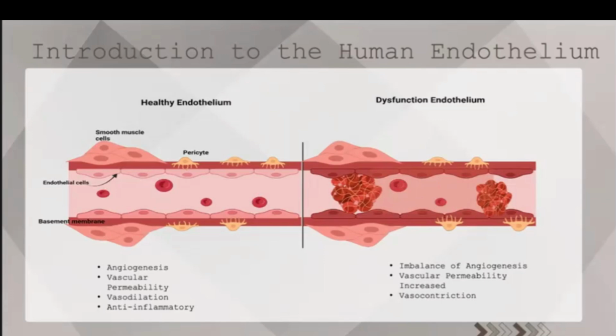There's also a reduction in the amount of nitric oxide that's being secreted by the endothelial cells. And so these smooth muscles will constrict the blood vessel more. And this creates this pro-inflammatory state.